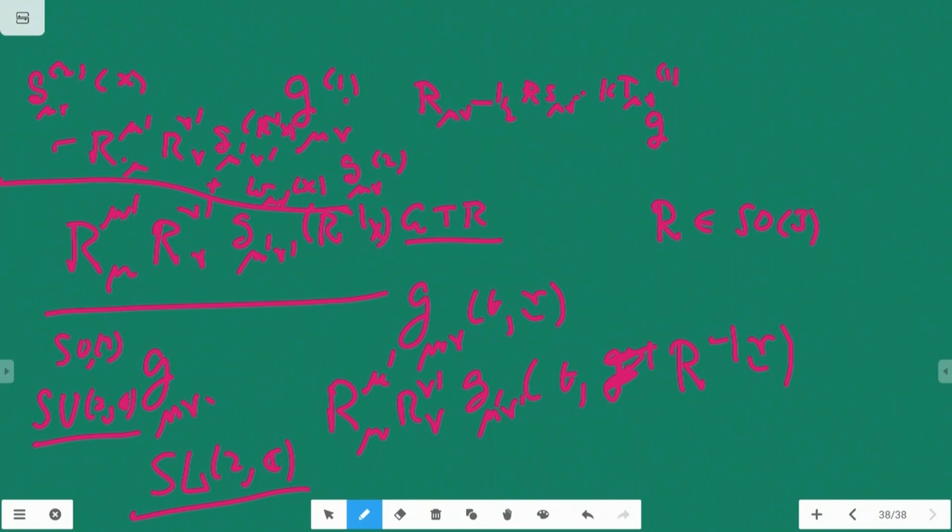Use the same circle of ideas for constructing the finite dimensional irreducible representations of SL2C, and you can get the infinite dimensional representations of SL2C, namely the principal series, by Gelfand's method.